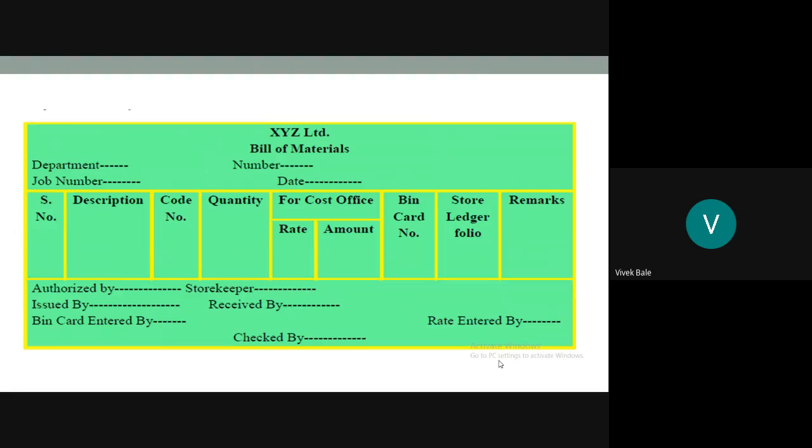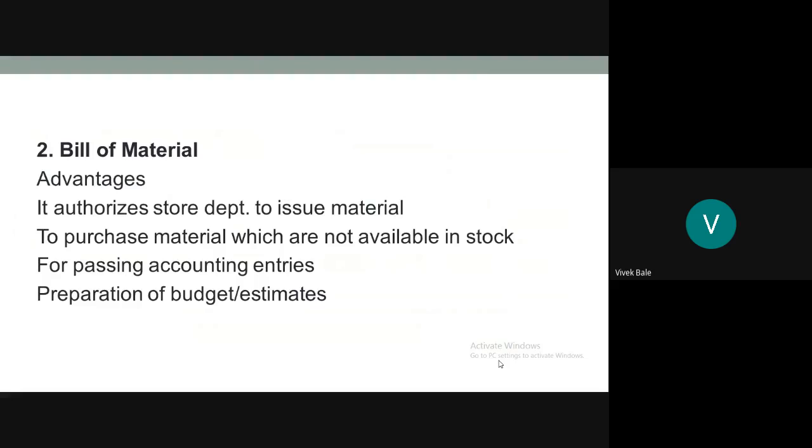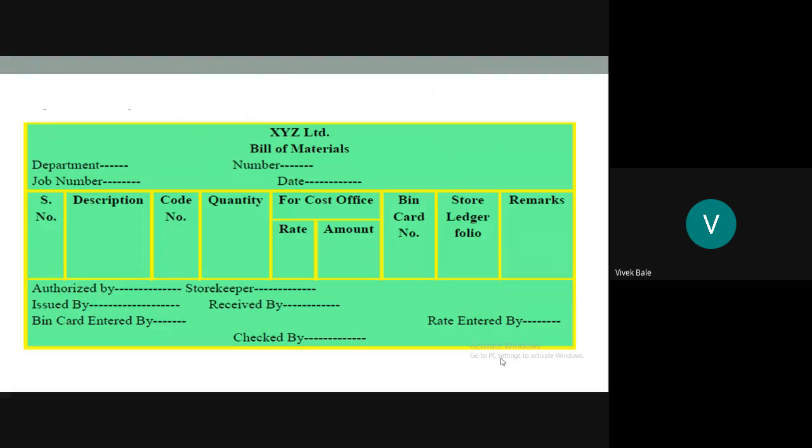Whenever a new work is to be taken up, the drawing officer in consultation with the planning department prepares a complete list of raw material, spare parts, components, consumable stores, etc., which are required for the completion of work. This statement is called the bill of material. If the material listed in the bill of material is not available in the store with adequate quantity, then the storekeeper will prepare the purchase requisition.